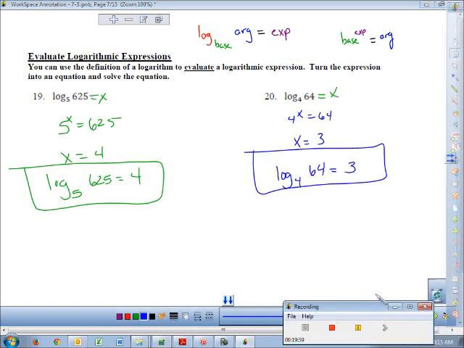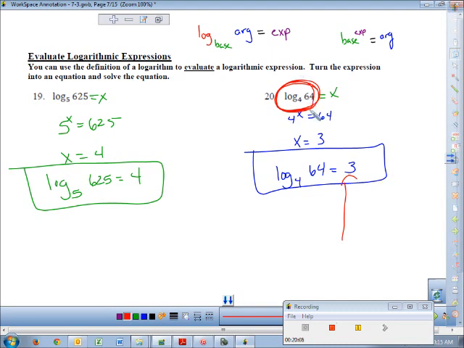Now before we move on, I want to set you up for how we'll use this for the rest of the chapter. If you were ever to see something like a log base 4 of 64, what could you put in its place instead? What is log base 4 of 64? It's really a 3, right? Aren't those the same number?